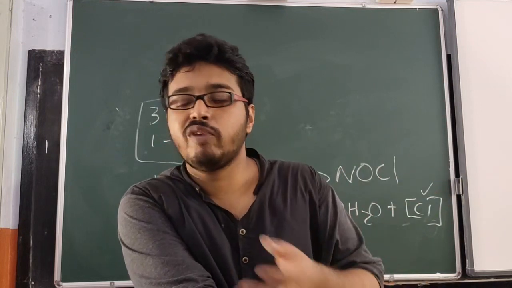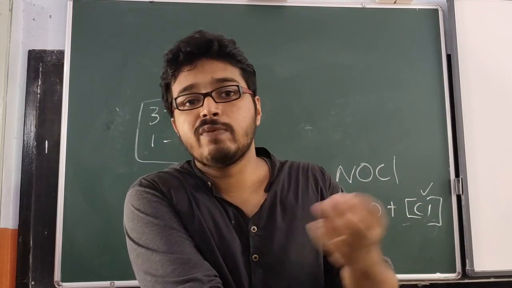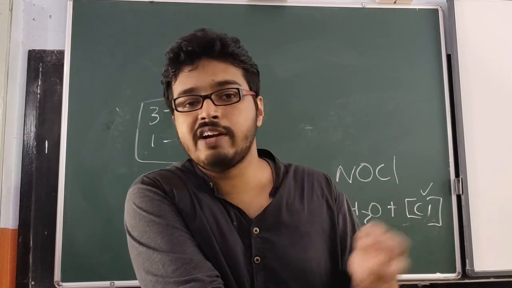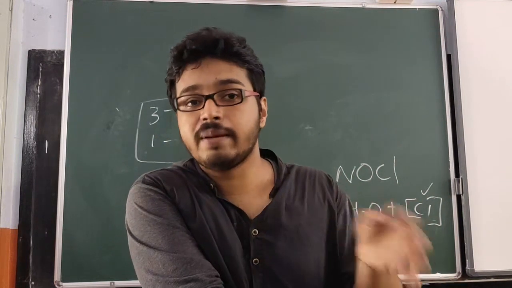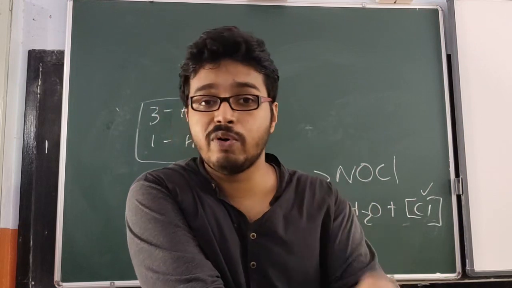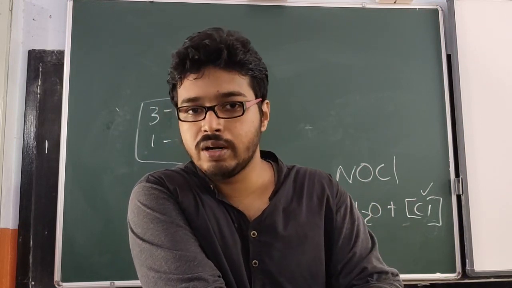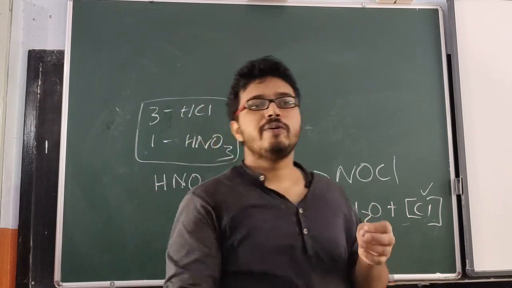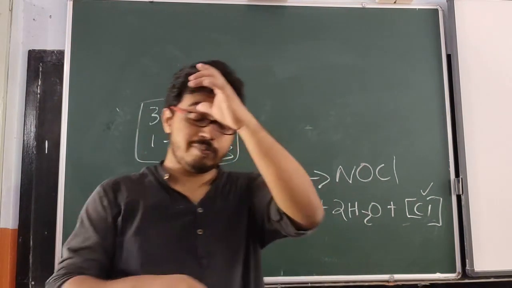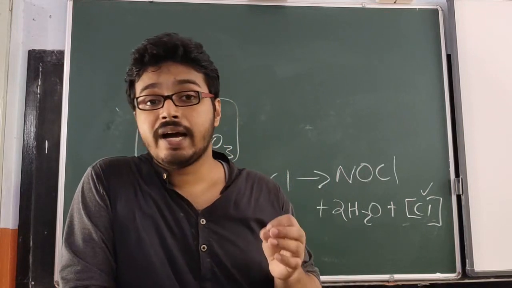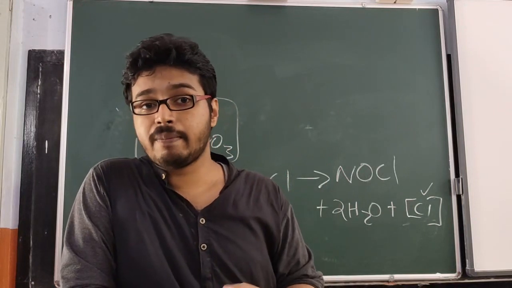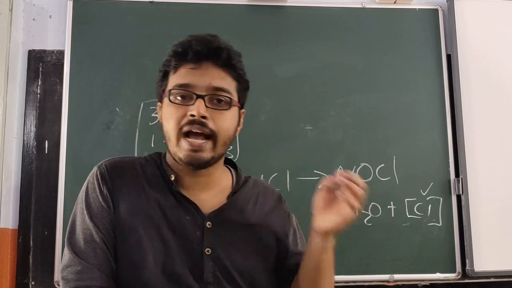For example, iron will exist as iron chloride or iron oxide or some other compounds of iron, but in the case of gold, it will be pure gold, not any compounds of gold. So to make some compounds of noble metals like platinum and gold, we are using aqua regia.